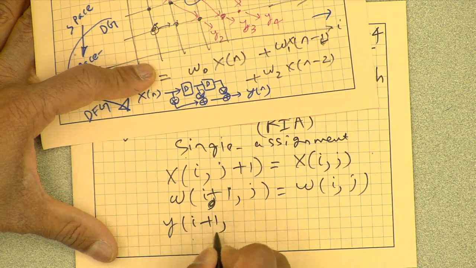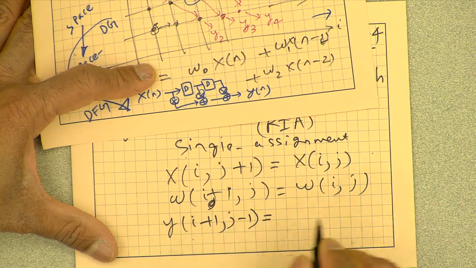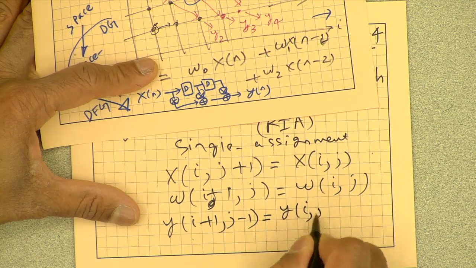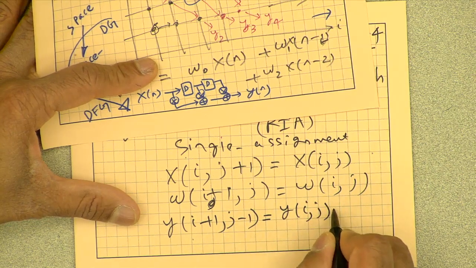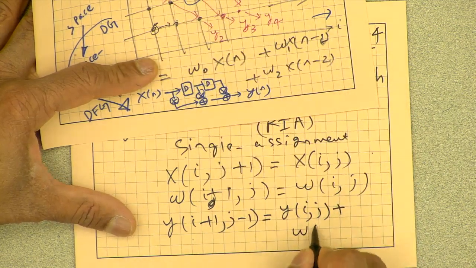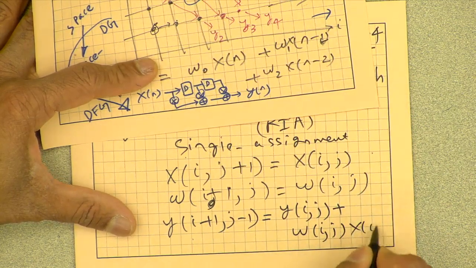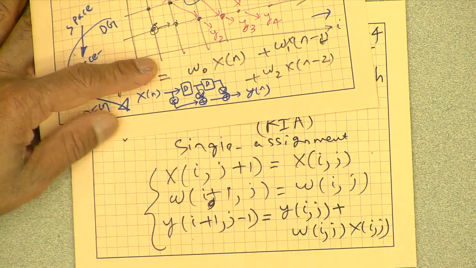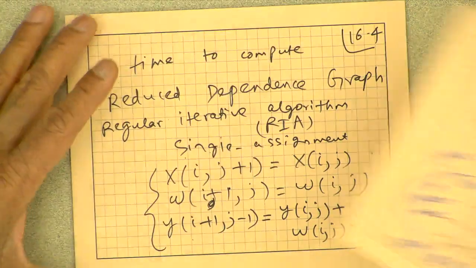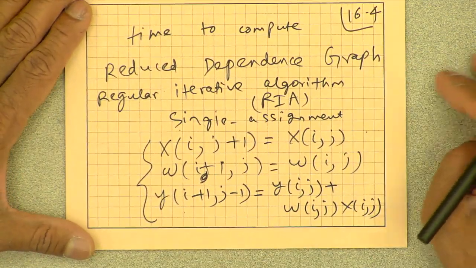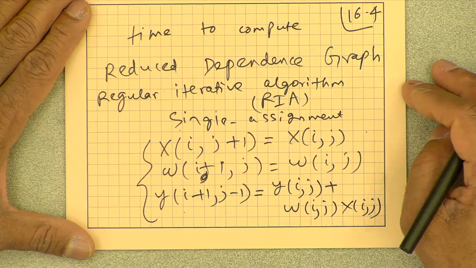So, the output y i plus 1 j minus 1 is equal to y i j, that is the previous output, plus w i j times x i j. So, now I have been able to describe all this because of the regular nature of the dependence graph. I am able to describe that by simple single assignment statements.